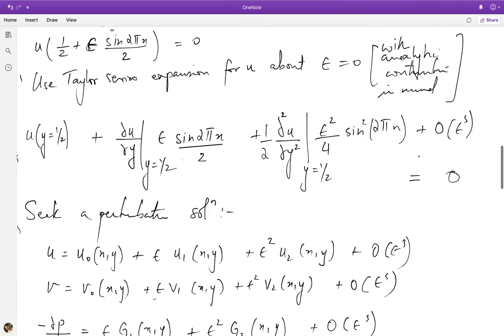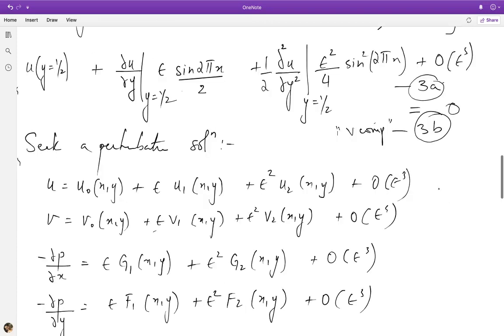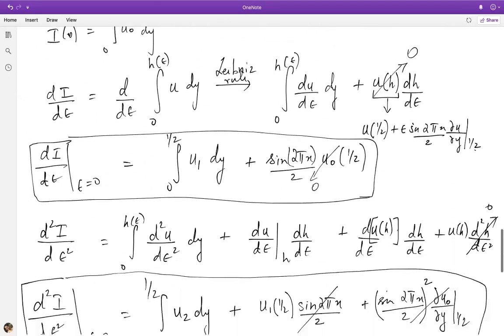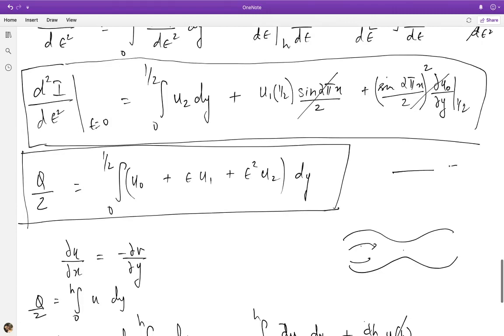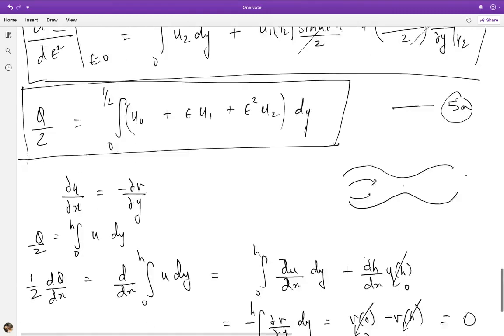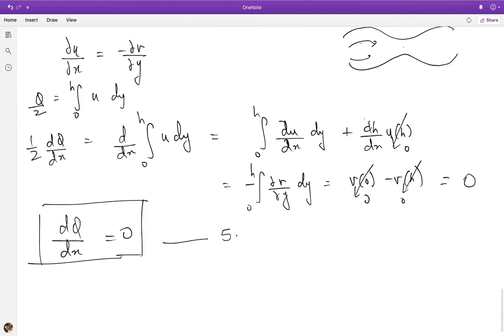This equation, which is the domain perturbation form of the boundary condition, let me call it 3A, and there's a corresponding 3B which I have not written down, for the v component of velocity, which is identical to this except we replace u with v. Then I write down the perturbation expansions as 4, and finally this relationship for the flow rate as 5a, and this important result as 5b.